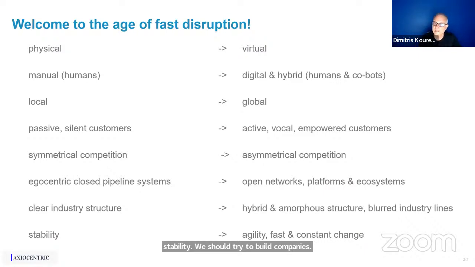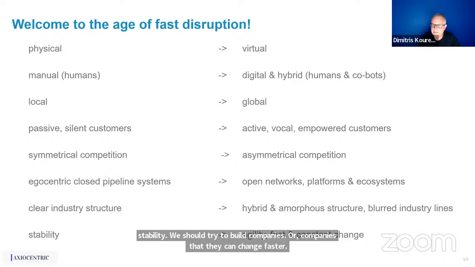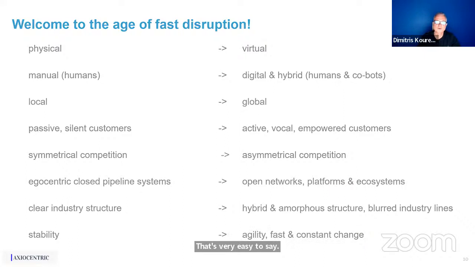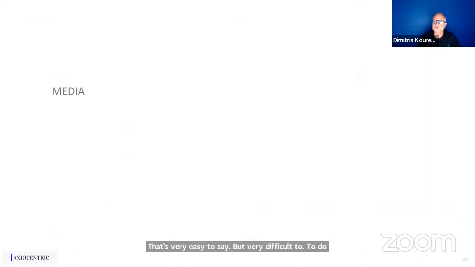That's very easy to say, but very difficult to do. So some of the companies where their product became digital very quickly, and that means automatically virtual, have been disrupted among the first.